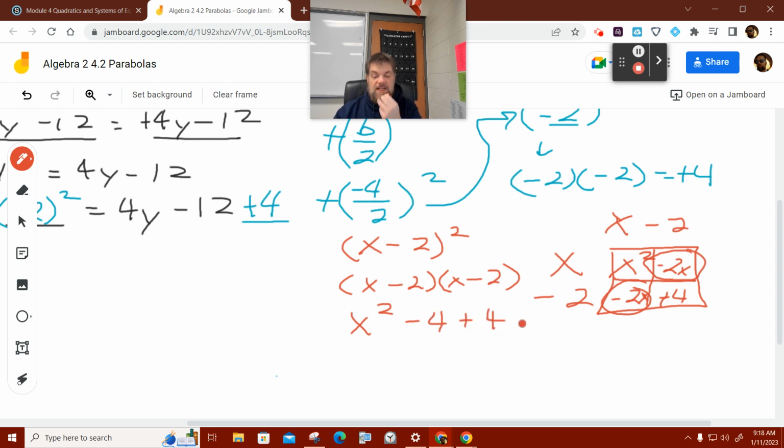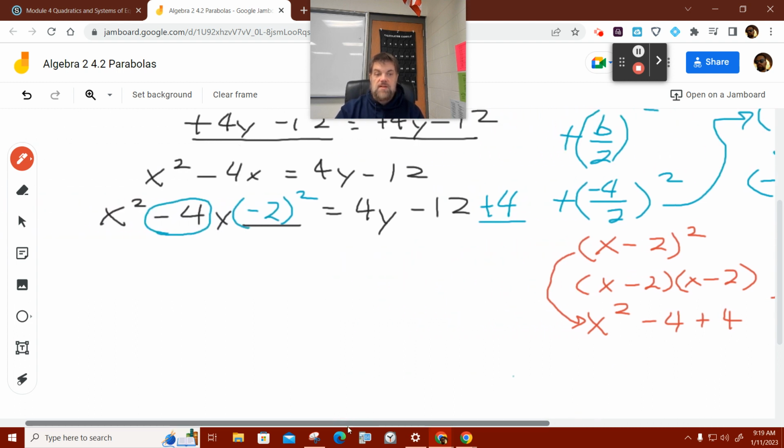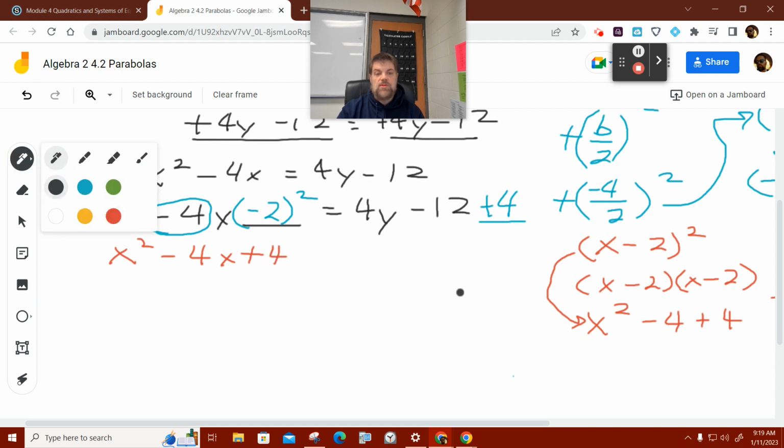Now, what I'm saying is that this equals this. In other words, this line right here, x squared minus 4x plus 4, that's equal to 4y. What's negative 12 plus 4?